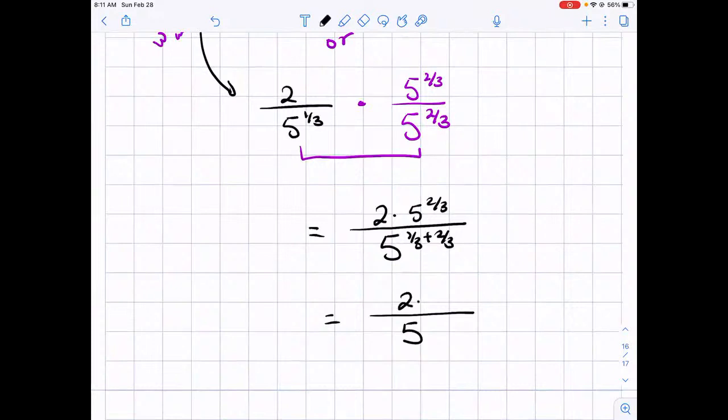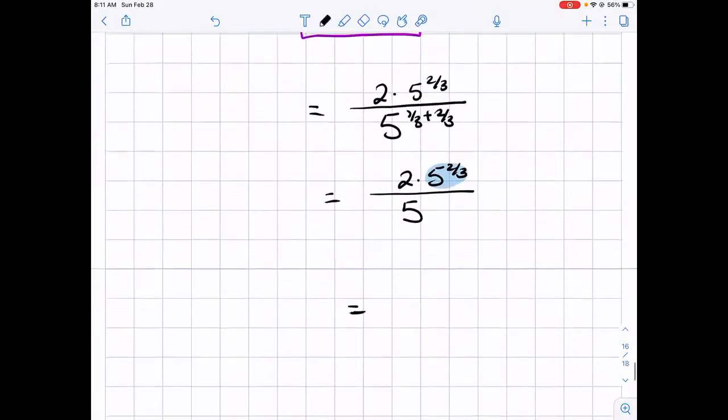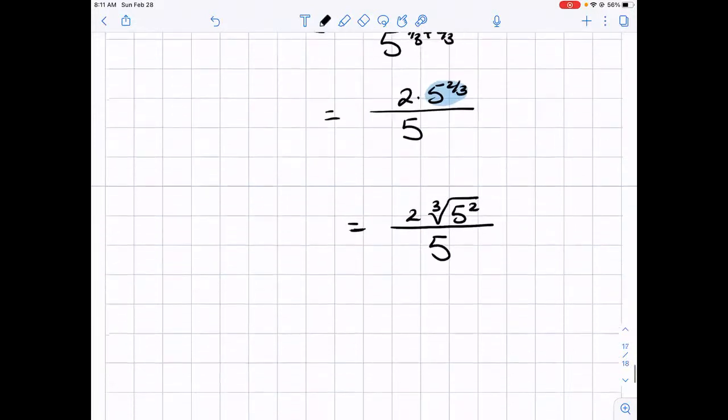And in the numerator, we have 2 times 5 to the 2/3 power. Keep in mind, this is the cube root, so finally we can write this back using the cube root of 5 squared. And 5 squared we know is 25. So this becomes 2 times the cube root of 25 over 5.